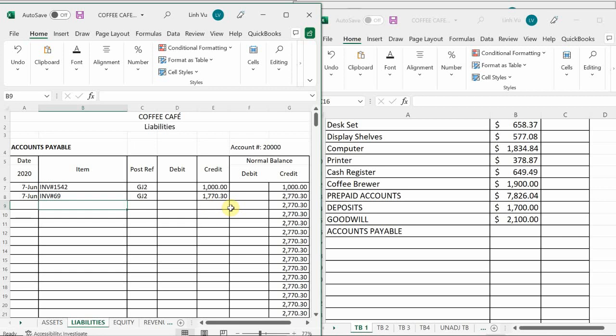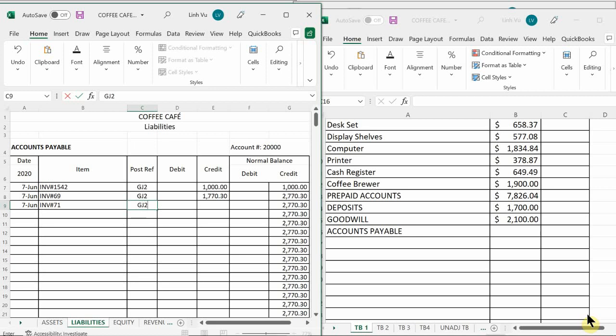Did we not enter in our bill that we received for the desk? I guess not. So there you go. I already realized I have a mistake here. Invoice number 71. Okay.